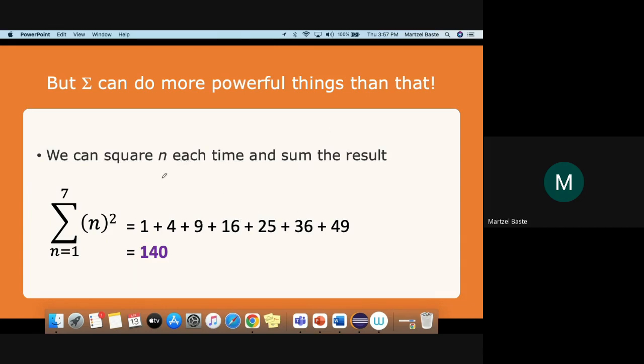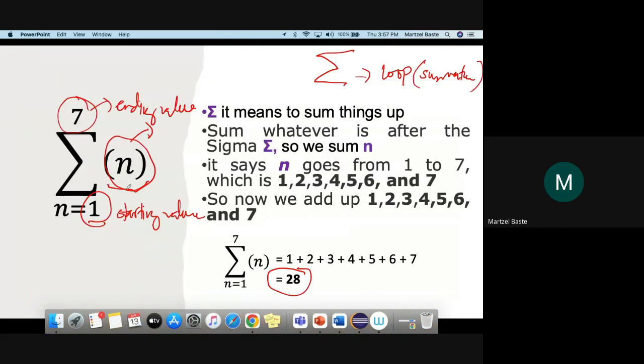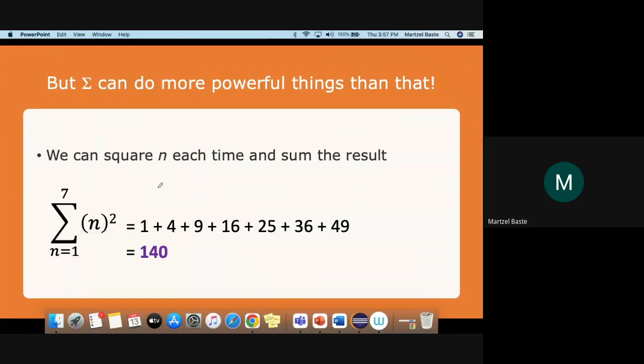Example, yung kanina normal lang na sequence, no? Yung n sequence: 1, 2, 3, 4, 5, 6, 7 based on the lower limit and the upper limit. Pero this time, the lower limit is 1, upper limit is 7. There's another constraint that says every number of n should be raised to the power of 2.